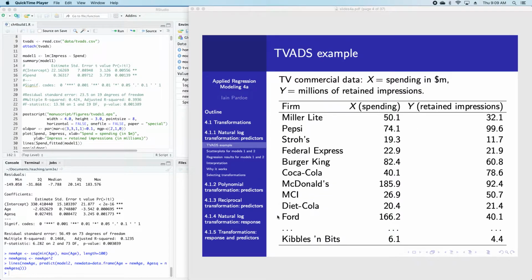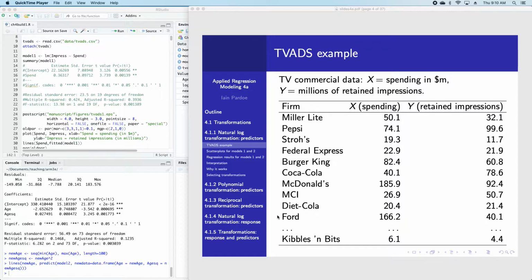So we're going to look at this example here where we've got a bunch of different companies using TV advertising to promote their products, and this data set measures the number of retained impressions in millions from people watching these commercials on television.